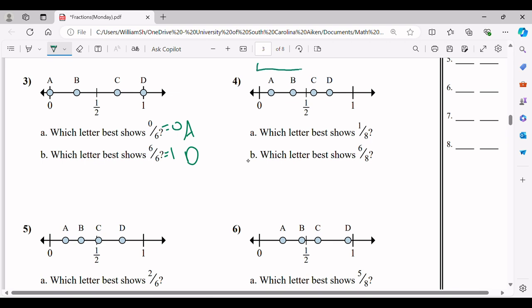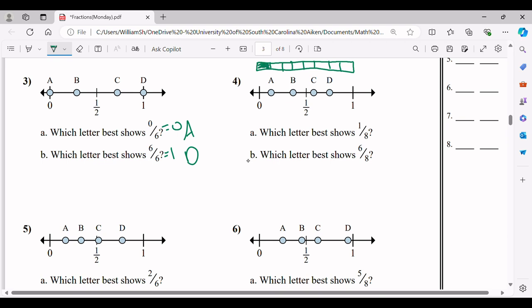Now if we're thinking about 1/8, if it helps, just go ahead and draw a little rectangle. Split it into 8 pieces. So 1, 2, 3, 4, 5, 6, 7, 8.